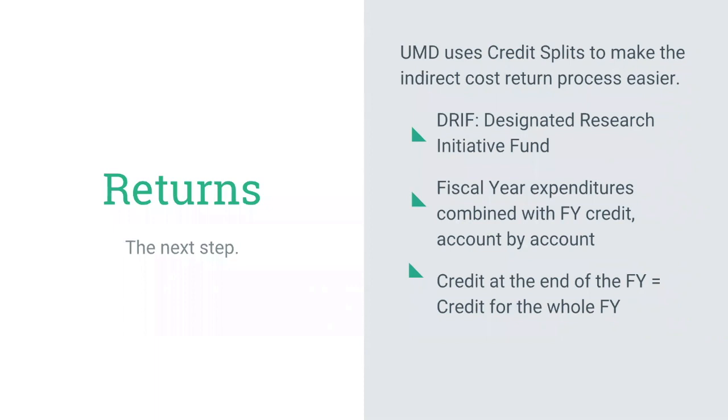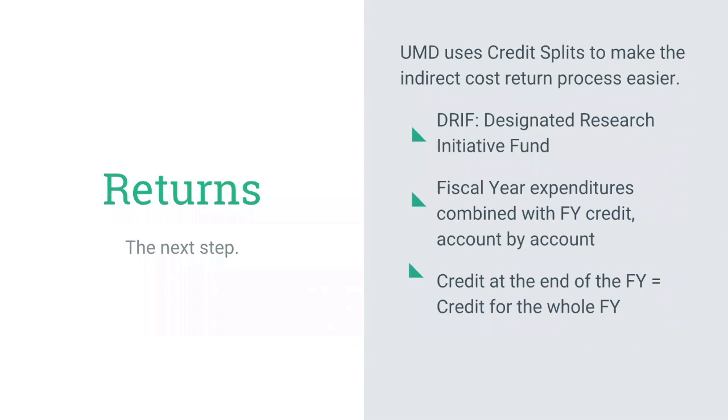We take the fiscal year expenditures and combine the indirect cost of the fiscal year expenditures with the fiscal year credit on an account by account basis.